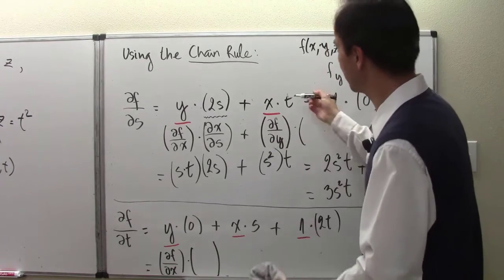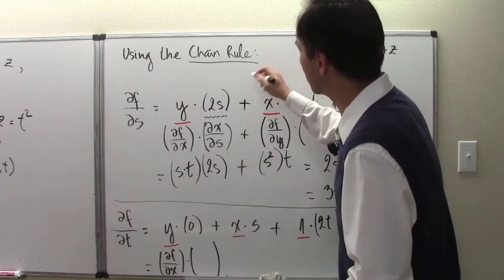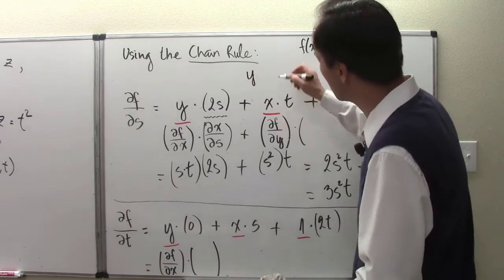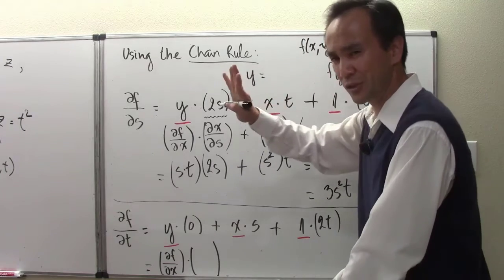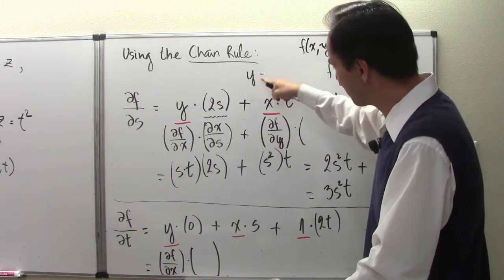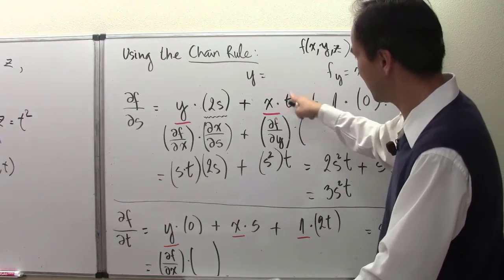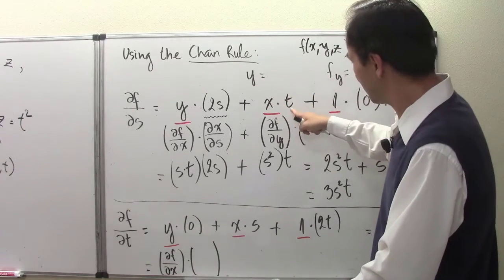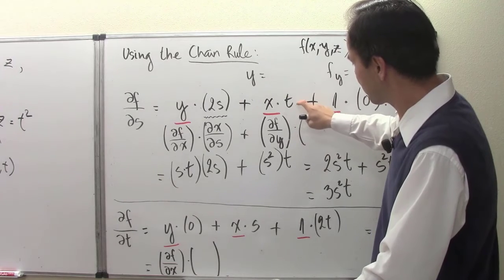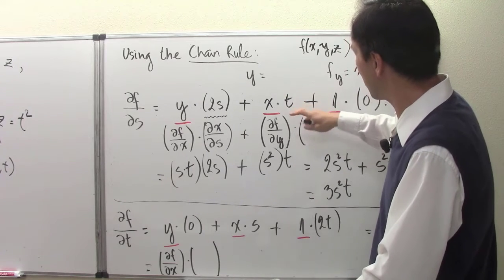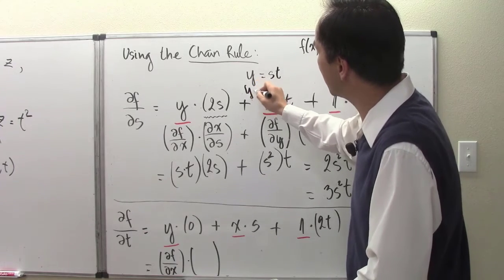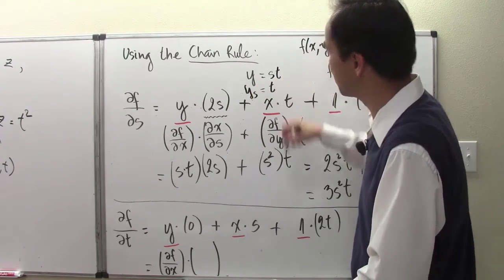Our function for y. See, now we're looking at the y right here. We're dealing with the y. So for this specific term, we think about y as the outer function, and s as the inner function. But y is s times t. So y_s equals simply t.